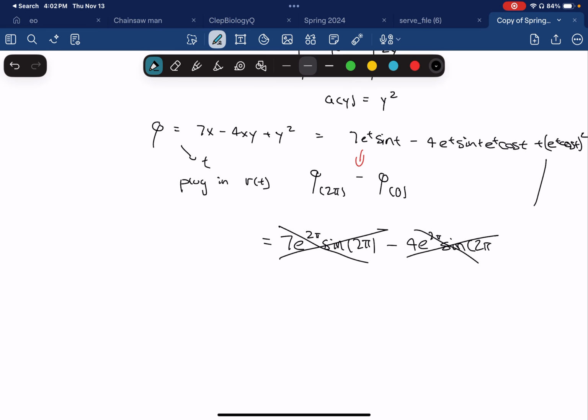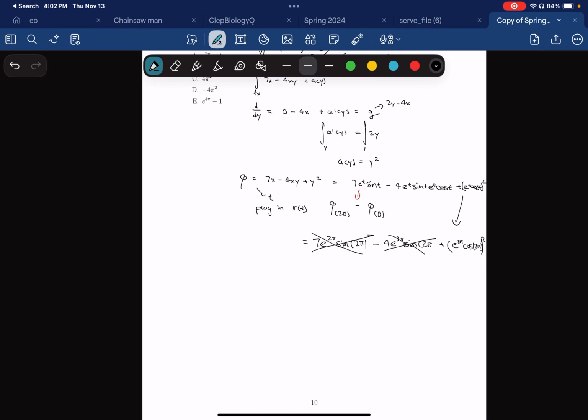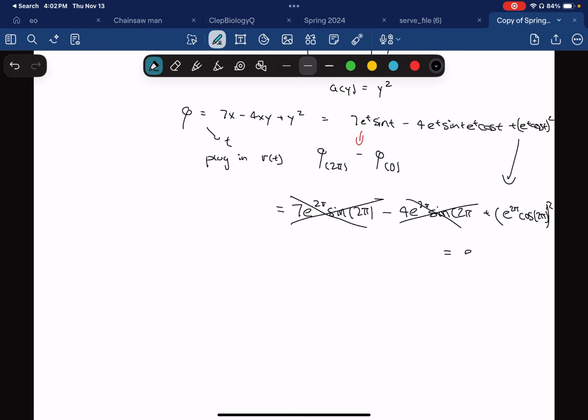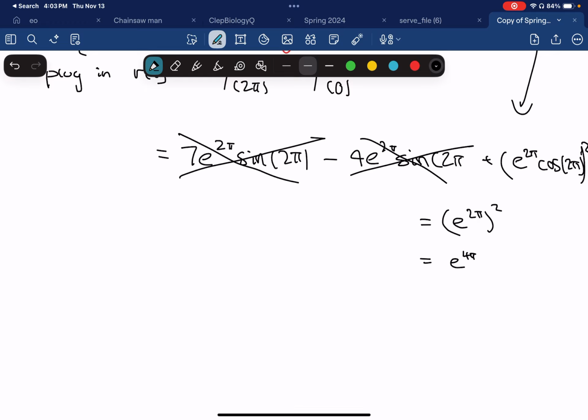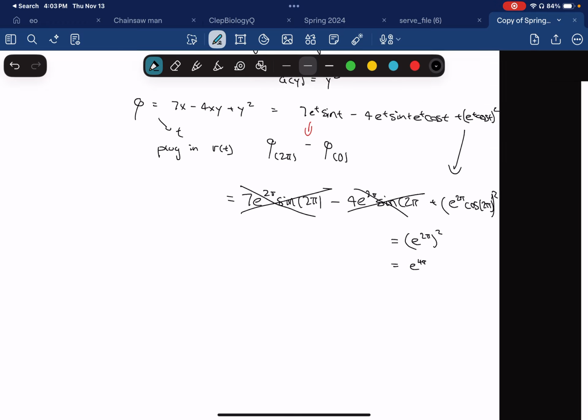So in this case, all you get left with is e to the 2 pi cosine of 2 pi, all squared, which will get you e to the 2 pi squared, which is just e to the 4 pi. Okay, so that's our first one.